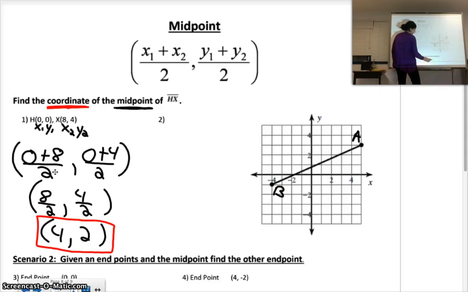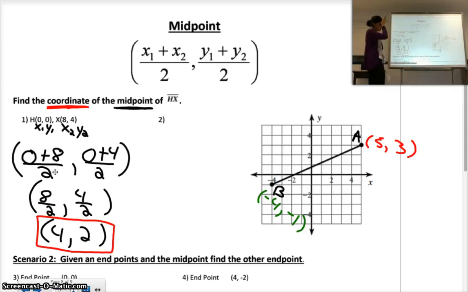Okay, and let's look at what the coordinate for A is. So this is going to be 5, comma, 3. And then over here, the coordinate for B is going to be -4, comma, -1.